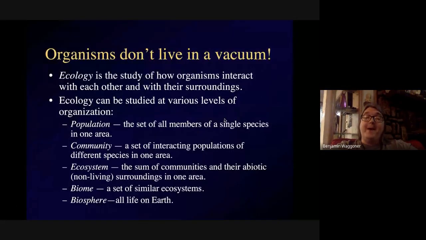I was talking about a population being the set of all members of one species in one area. If you talk about populations of different species that interact, you have a community. If you look at all the communities in one area and consider them together with non-living or abiotic factors like sunlight, temperature or water quality, whatever that might be, we have an ecosystem. If you look at a set of similar ecosystems, you'd call that a biome.